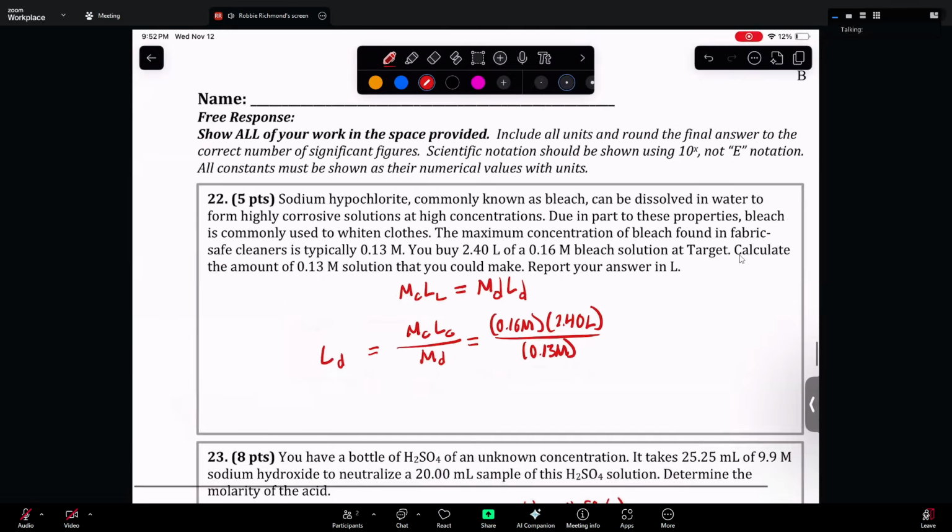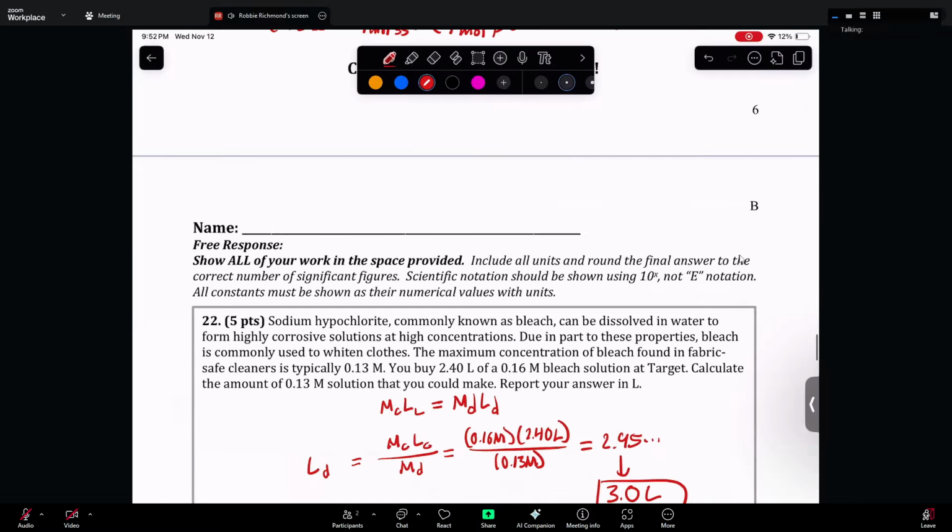Throw this in the calculator real quick. I get 2.95, goes on for a while, and by sig fig rules, we're going to have to round this up to 3.0 liters of our final solution.